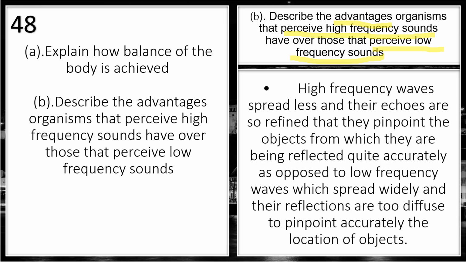High frequency waves spread less and their echoes are refined, so they pinpoint the object from which they are being reflected quite accurately, as opposed to low frequency waves which spread widely and their reflections are not easy to use to pinpoint accurately the location of the object.